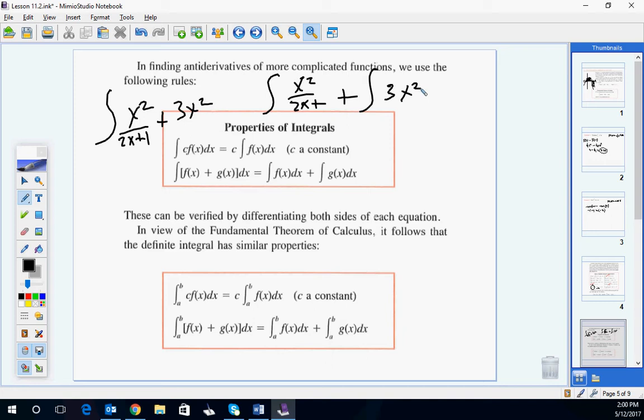Very similar to our limit rules. Remember, we could break our limits up, it was the sum and difference rule of limits. Same thing here. So just saying you can break these up. These can be verified by differentiating both sides. They just add the limits.